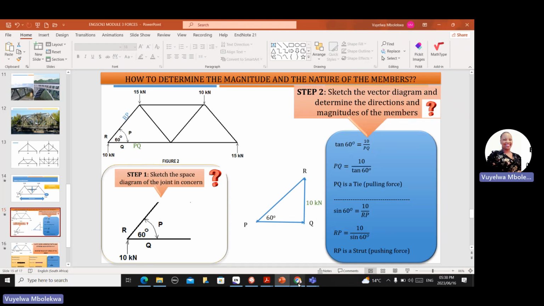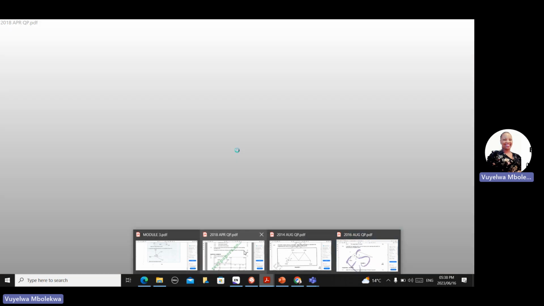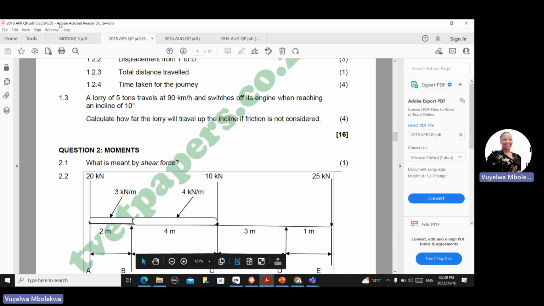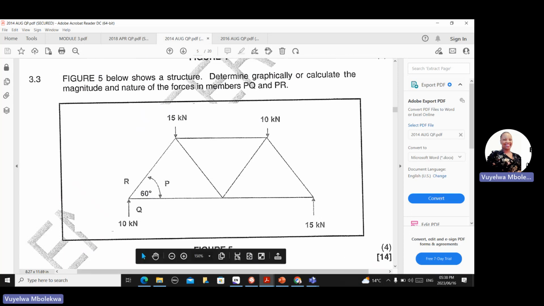Let's do an example. So the example, we will take it from the previous question papers. Okay. So here is a question. The question says, figure 5 below shows the structure. Determine graphically or calculate the magnitude and nature of the forces in members PQ and PR.